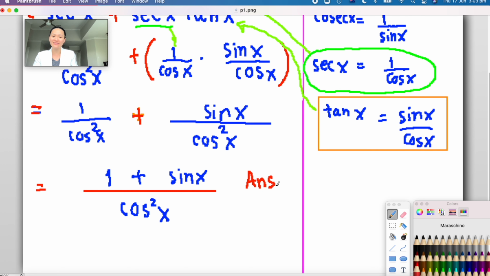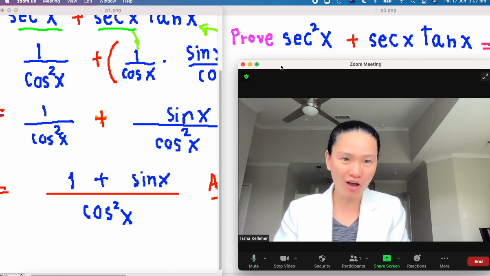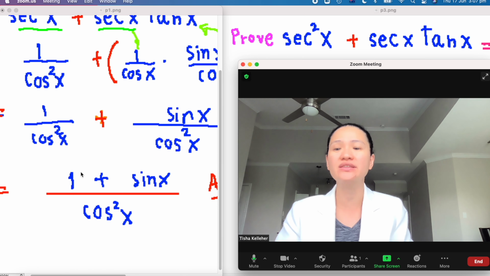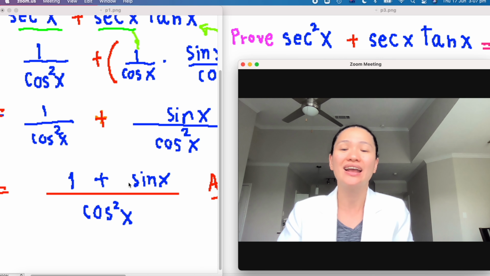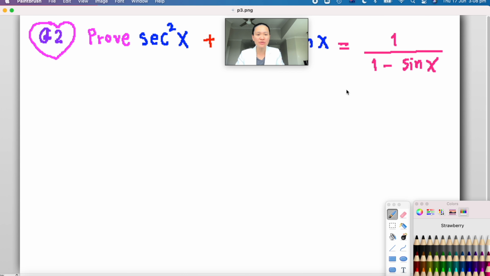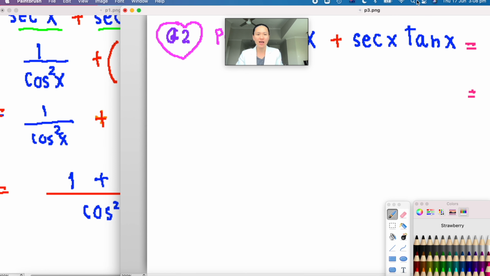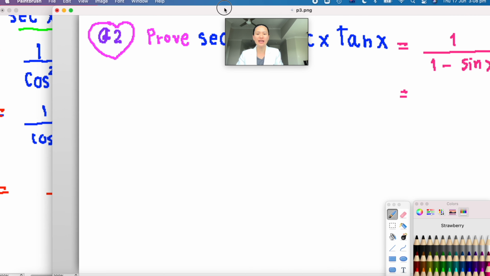So now is our answer. From question number 1, we proved already that all of these terms equal (1 plus sin x) divided by cos x squared. So what I'm going to do is use this answer and then match it. Do you remember from question number 1, it equals this one, (1 plus sin x) divided by cos x?